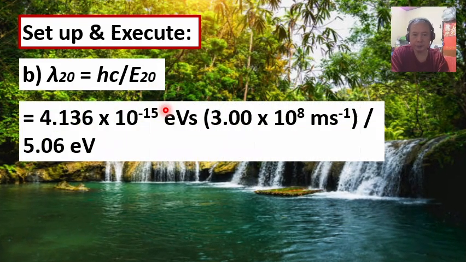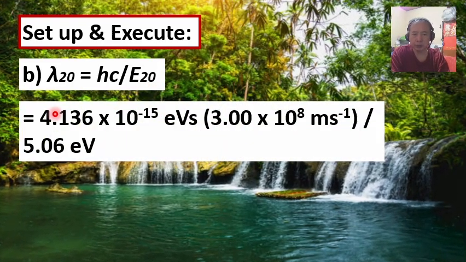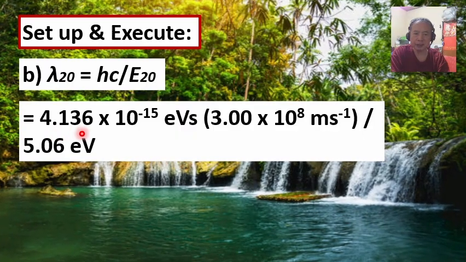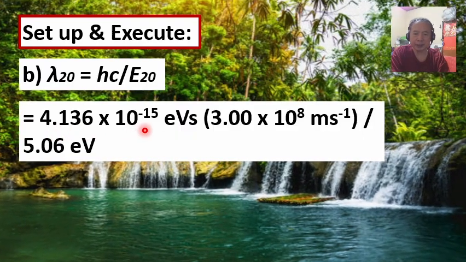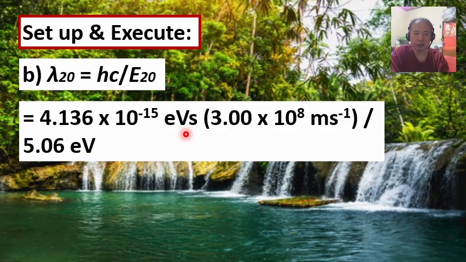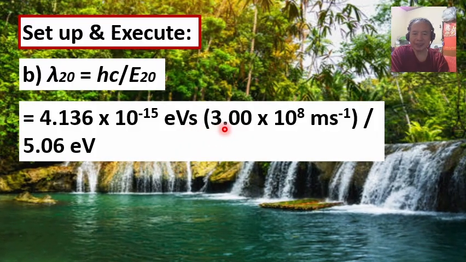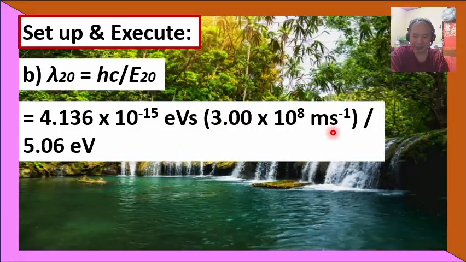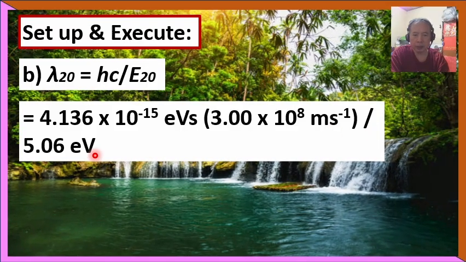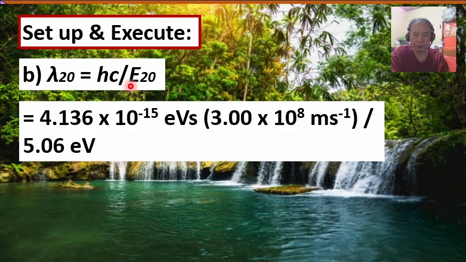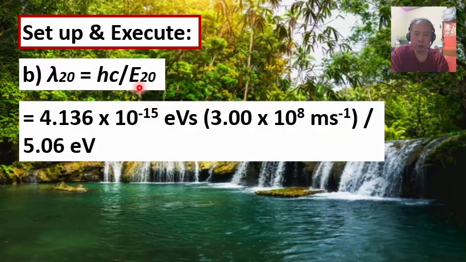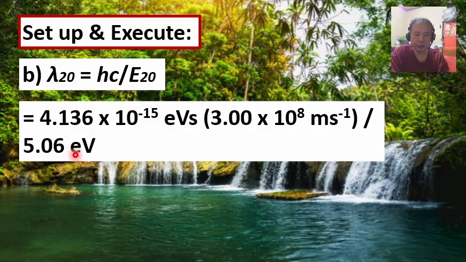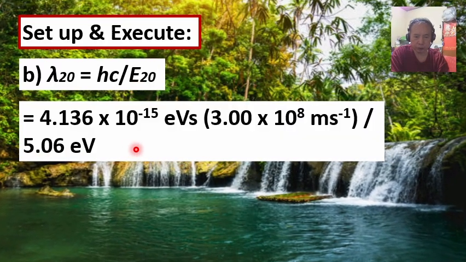That is, lambda sub 20 equals 4.136 times 10 raised to the negative 15 electron volts second multiplied by 3.00 times 10 raised to the 8th power meter per second, and then divided by the computed value for E sub 20, which is 5.06 electron volts.